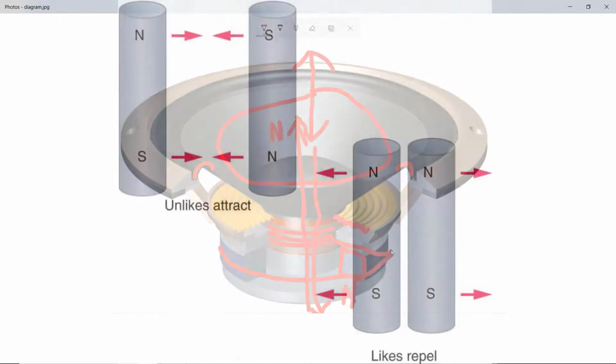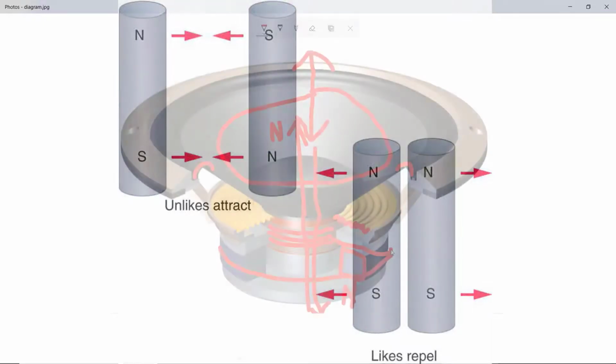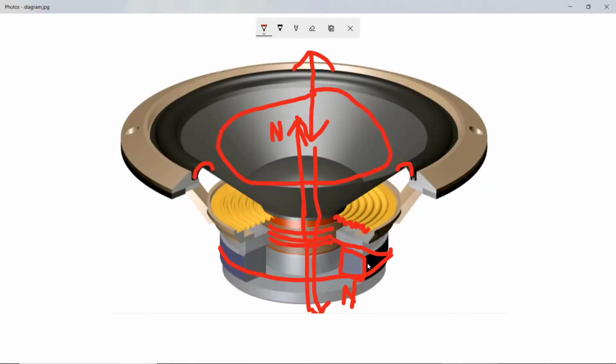Now, if you've ever played with magnets before, you know that like poles repel. So north and north repel, south and south repel. But a north is attracted to a south, and a south is attracted to the north. So if this ring magnet has a permanent north-south field, as the electricity moves one direction, it might repel, and when it moves the opposite direction, it might attract.